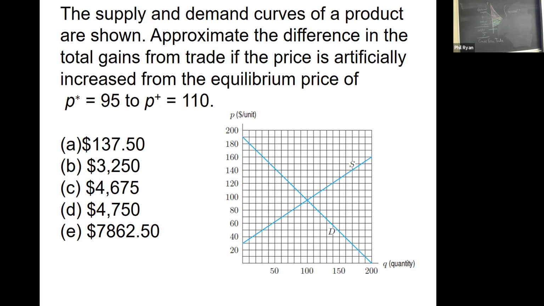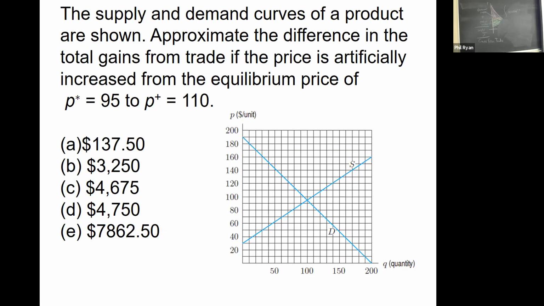What happens if we artificially change the price to 110? Then this is the price. That means there's only going to be that much demand for the good. Even though there's more supplied, that's the amount demanded. So then we cut off here, and this is the gains of trade right here.